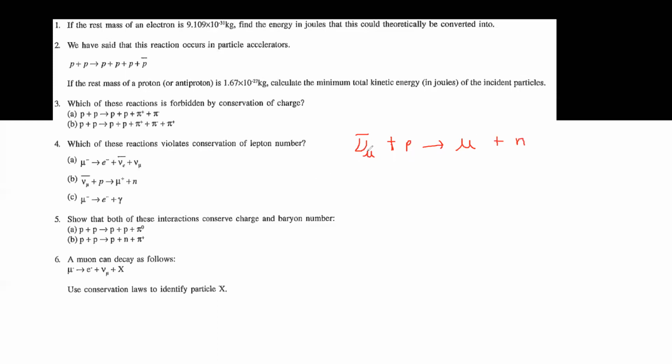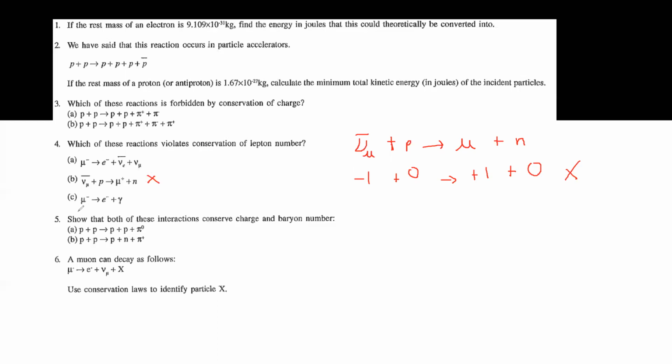So this is a lepton, anti-lepton, it's -1. This proton is a baryon, for every baryon lepton number is 0. And muon is also a lepton, so it will be +1. And neutron is a baryon, so lepton number 0. So this interaction cannot occur because it violates the lepton number.